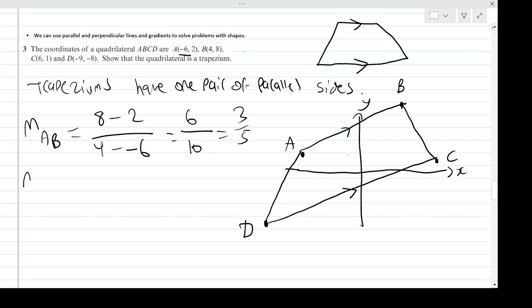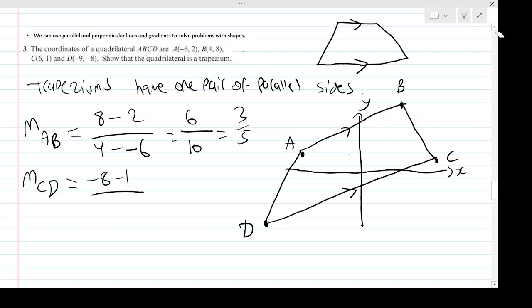Then we can work out the gradient of the other line, CD, so this line here. Again, I'm going to take between point C and D. Let's take D first. So again, changing Y, let's take -8, and then take away the other Y value at C, that'd be -1.